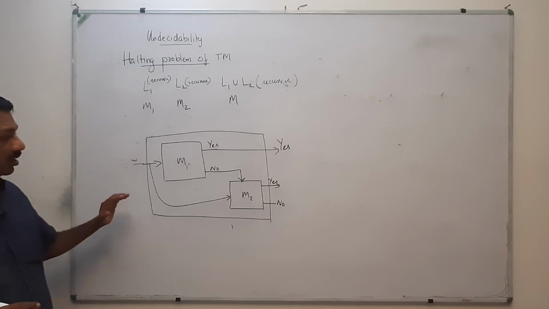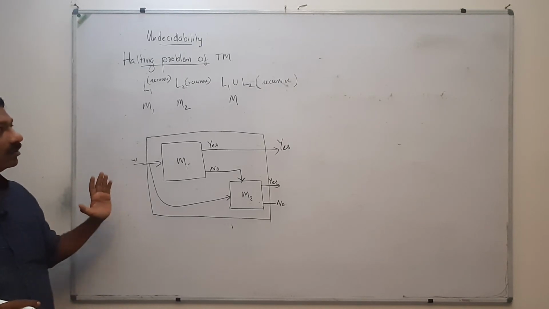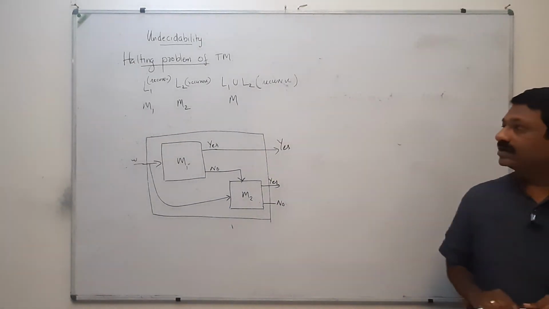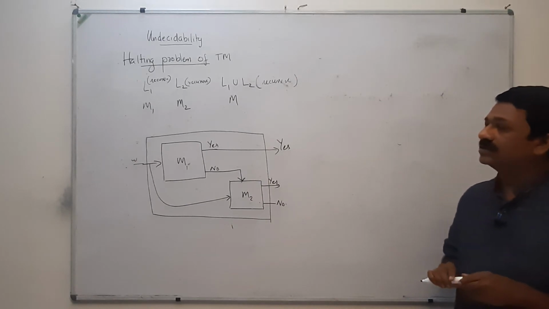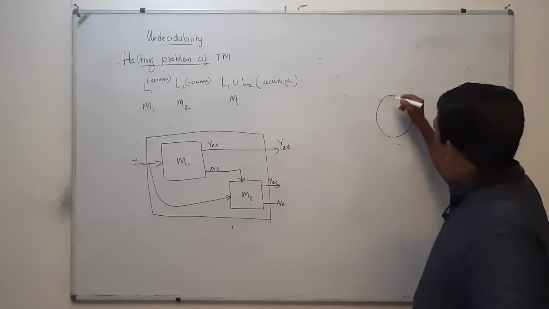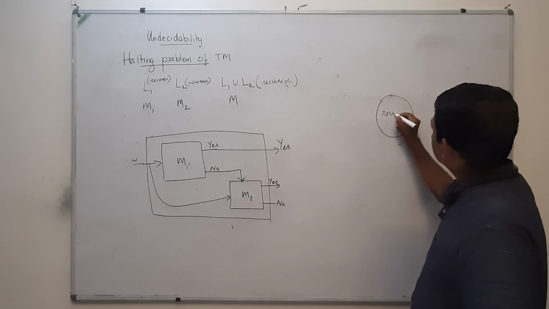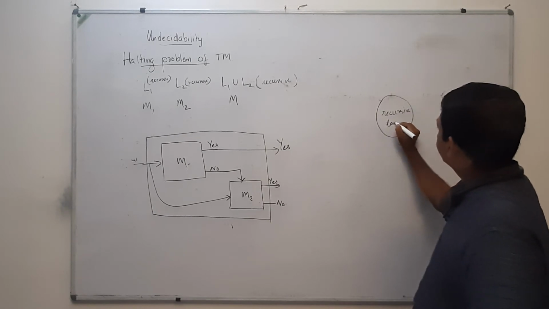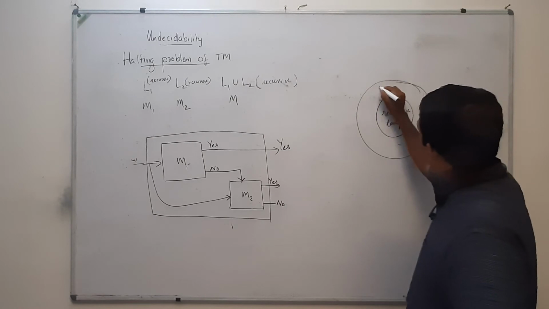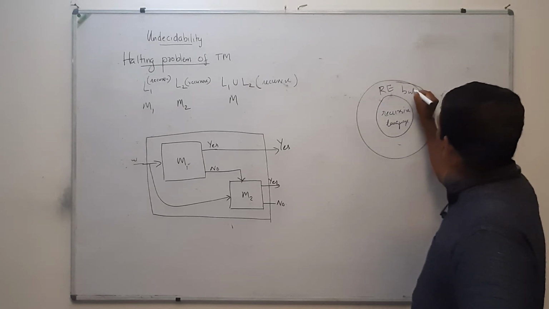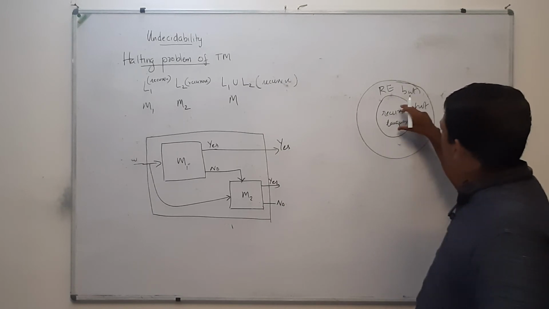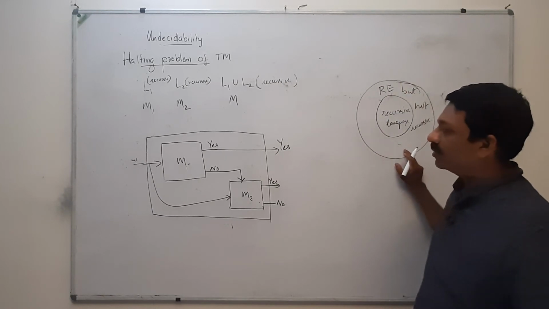And that's all about L1 union L2, and these are the important properties of recursive and recursively enumerable languages. Then you have to study three types: this is a recursive set, recursive language. This is recursively enumerable but not recursive. That means recursive languages are a subset of recursively enumerable languages.